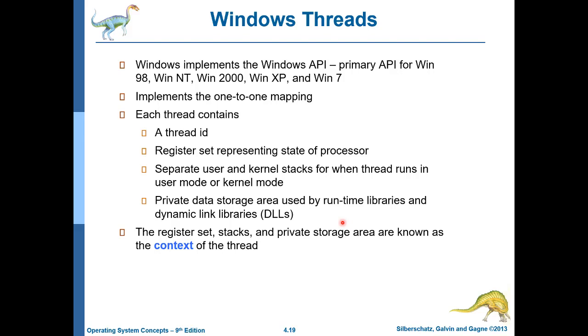And there are different user stacks and kernel stacks. So when the thread runs in user mode, it has a user stack, and when it runs in kernel mode, it has a kernel stack. Then there is support by the runtime library for private data storage.